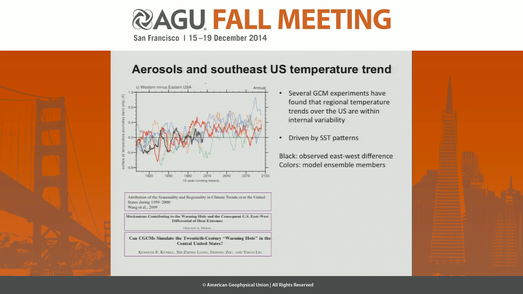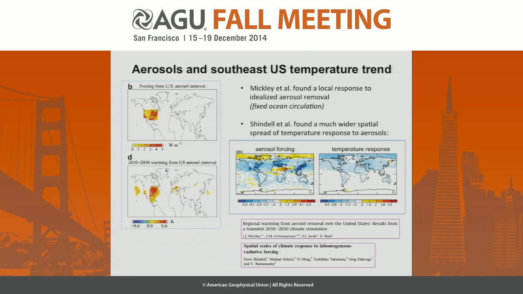And the colors are various ensemble members from a model, and the actual temperature trend is within the variability from ensemble members of the model, indicating that you probably can explain it from internal variability. And then there are some other papers talking about how the variability is driven by sea surface temperature patterns, which on one hand might be internal variability, or they might actually be the global climate mode that I'm talking about in a minute. And here I'm going to contrast two very different model results.